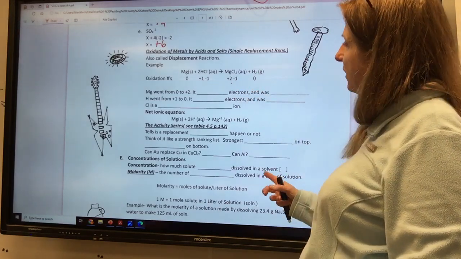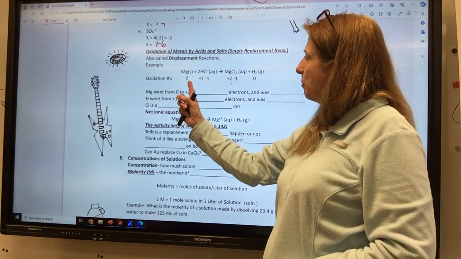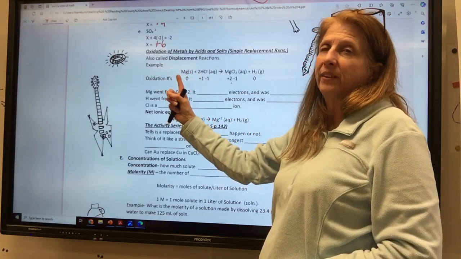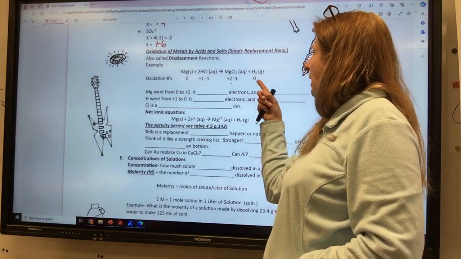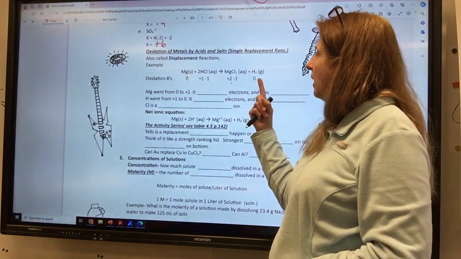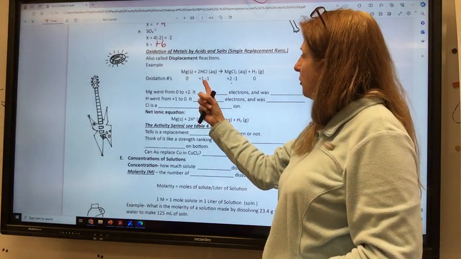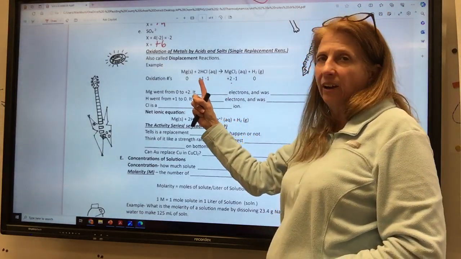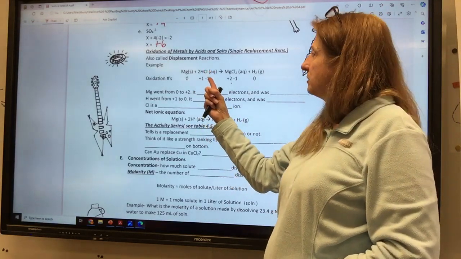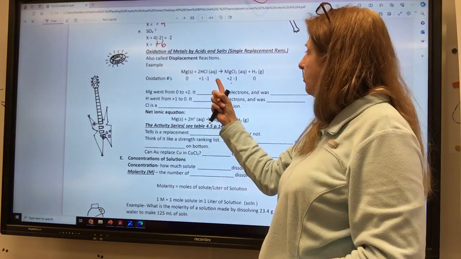So if we look at the oxidation numbers, the oxidation number of magnesium is 0 because it's just an element, it's elemental. And the oxidation number of hydrogen is 0 because it's elemental. Hydrogen is +1 because it's acting like a cation. Chlorine is -1 because it's following those rules.